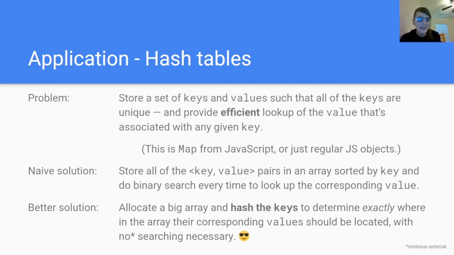So our naive solution, if we didn't know about hash tables, if we're just on our first day of computer science classes, our idea might be to just store all the key value pairs in an array, and we can maybe sort them by key and do binary search, or just do linear search every time, and look up the corresponding value for a key that we're given. And that would be big O of n to find the value given a key.